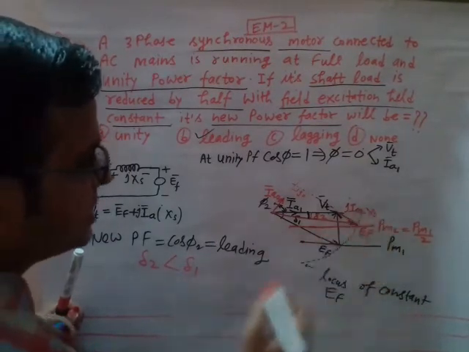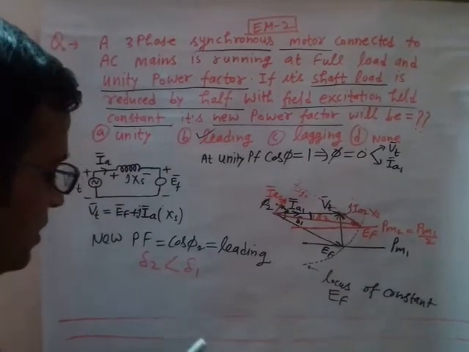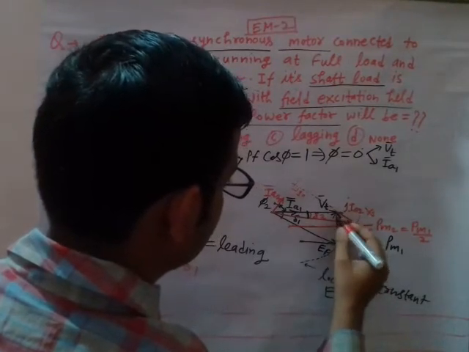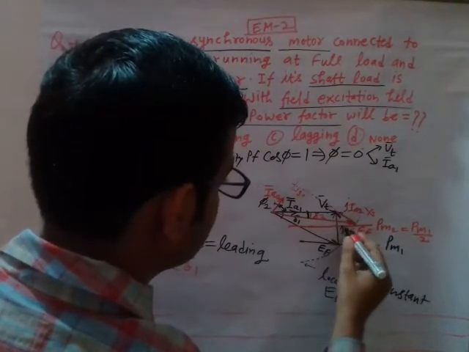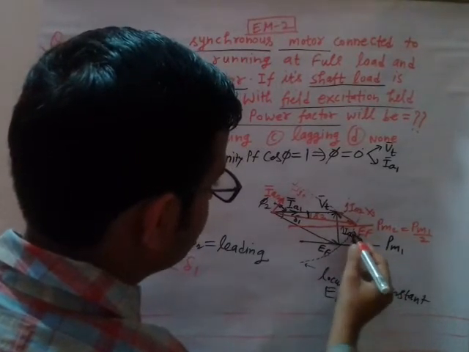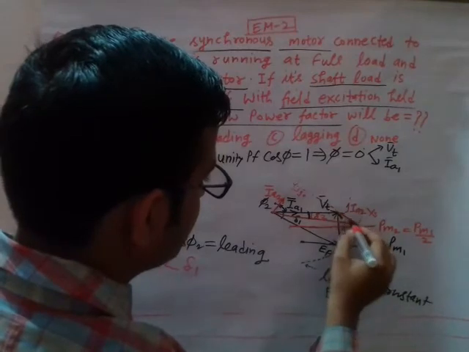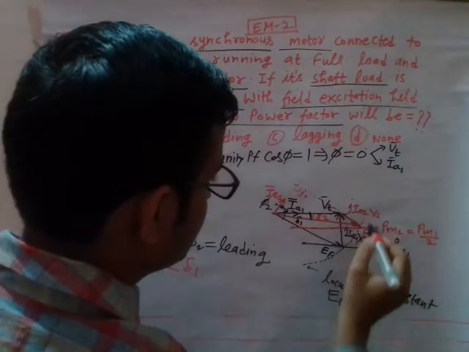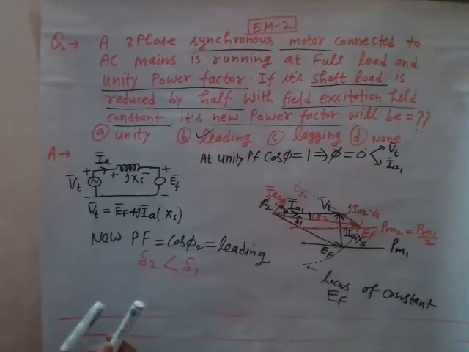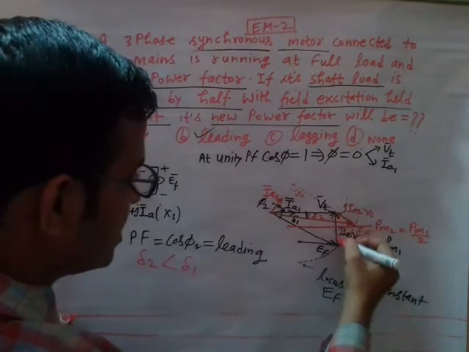So when j IA1 Xs was there, this black vertical phasor was j IA1 into Xs, right? So Xs was the same in the previous case, and for the new case, this red one, Xs is again the same, right? Xs is a winding parameter, synchronous reactance. So the length of this phasor represents the armature current only.